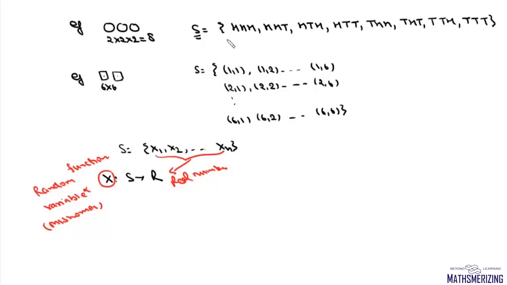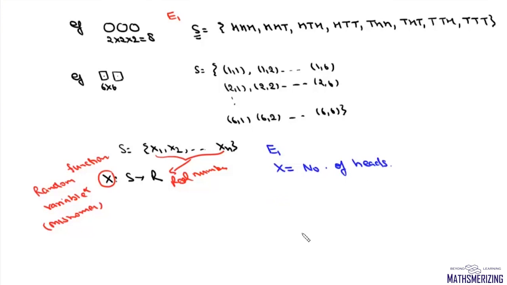Now say for example, if we consider our first random experiment, E1, we are tossing 3 coins and we are having these 8 possible outcomes. In this experiment, I can define a function X, and we define this X as number of heads.